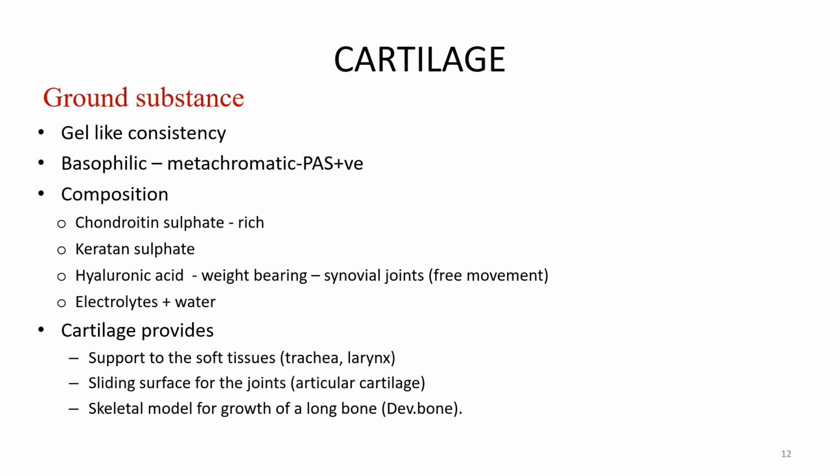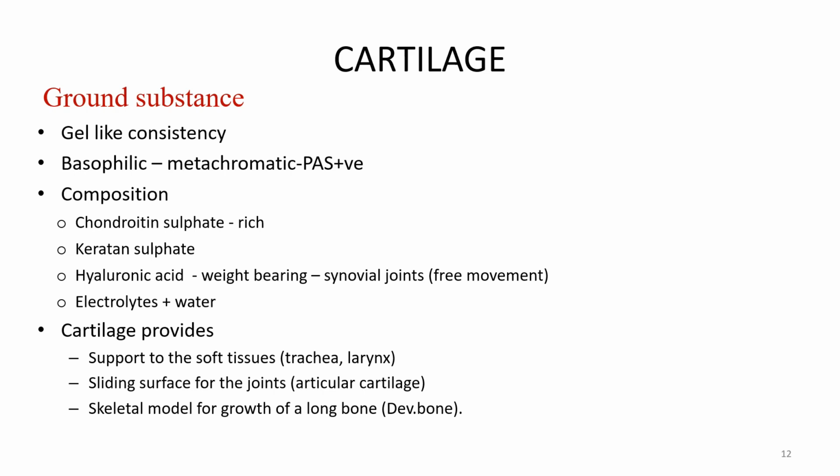The cartilage provides support to the soft tissues, as you have seen in the trachea and larynx. It provides support to these two structures and it provides a sliding surface for the joints, as in the articular cartilage at the ends of the bones that come in articulation.